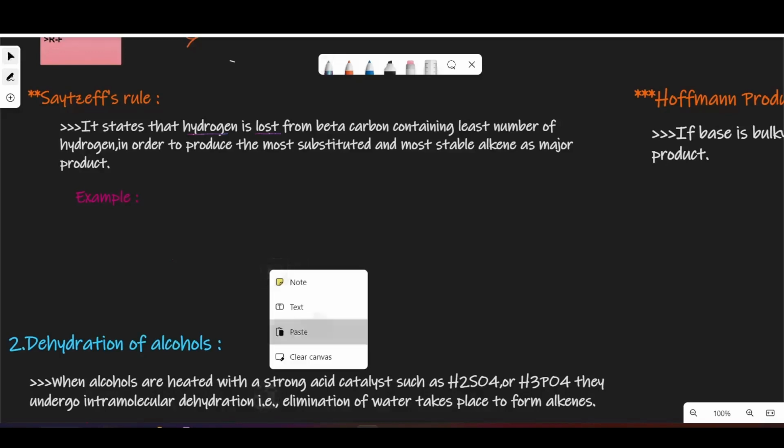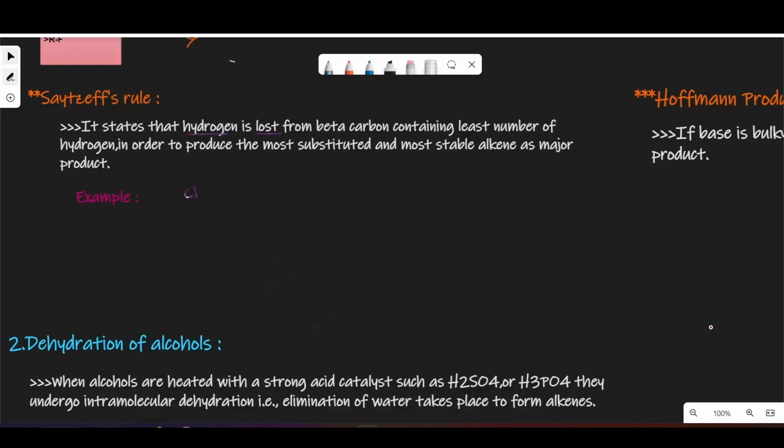Let's take this compound, CH3CH2CHBrCH3, in the presence of alcoholic KOH. Then we will get CH3CH=CHCH3.